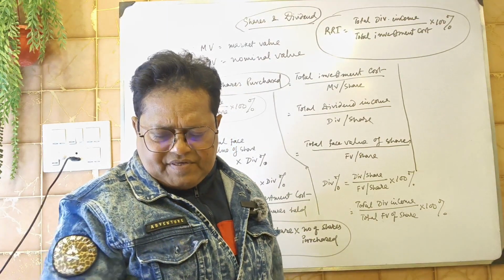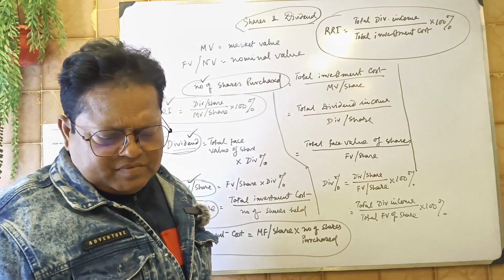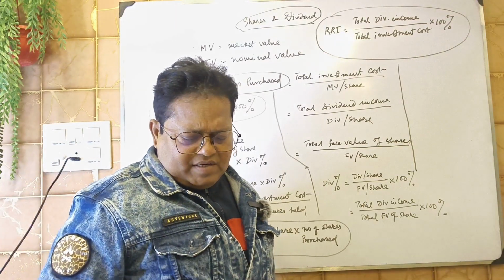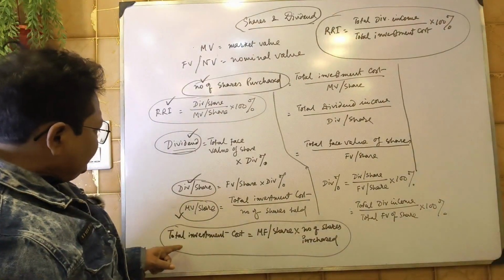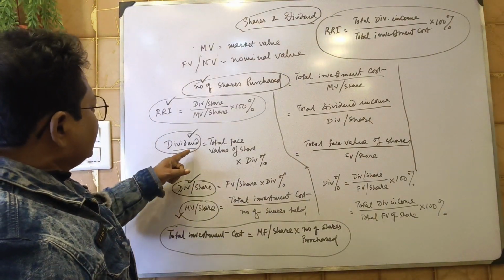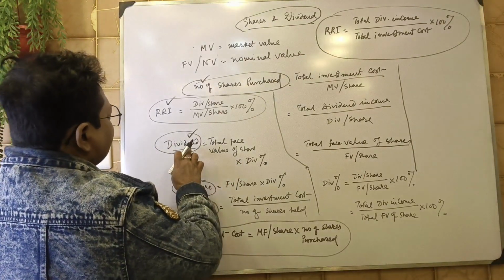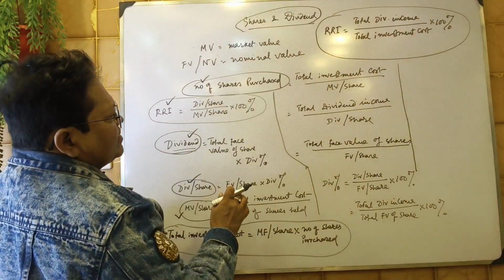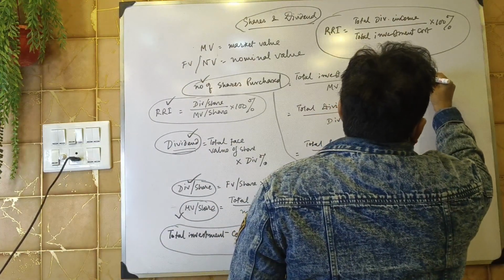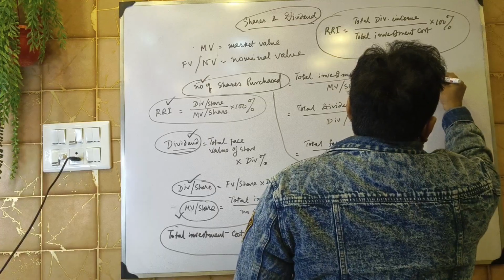Total dividend, face value, okay. Rate of return on investment, annual income, I have told you, total investment cost, annual income, that is the dividend. Total dividend is the annual income. Here I can write it: total annual income.